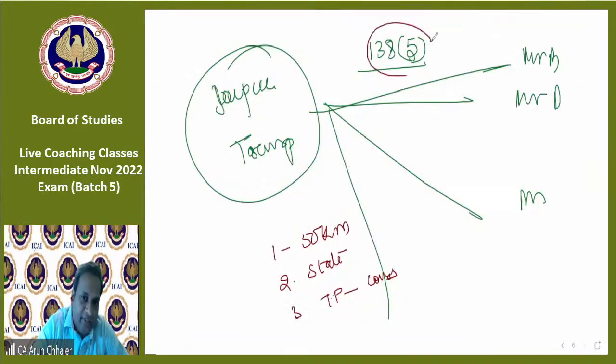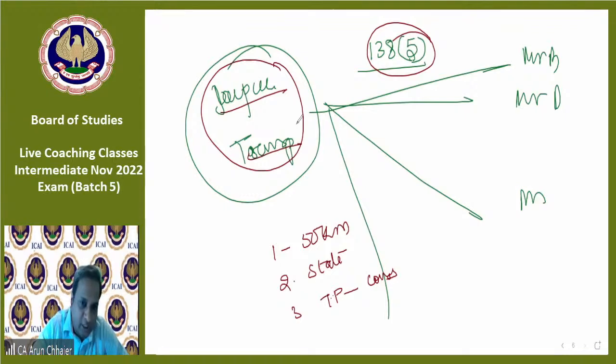According to 138.5, see, the goods have reached the Jaipur location. In Jaipur, there is a transporter location. So now the transporter is using a small vehicle. Again, the conveyance is changed. Correct? We have discussed, like in the accident, the conveyance is changed. Whether part B is required to be updated or not?